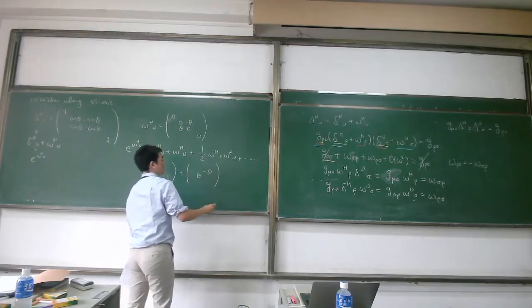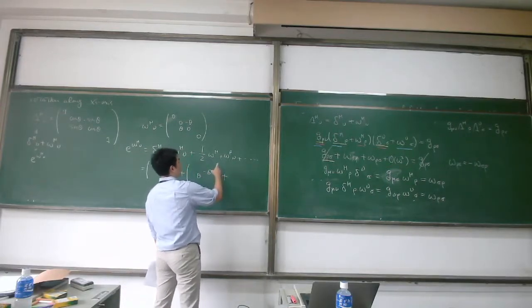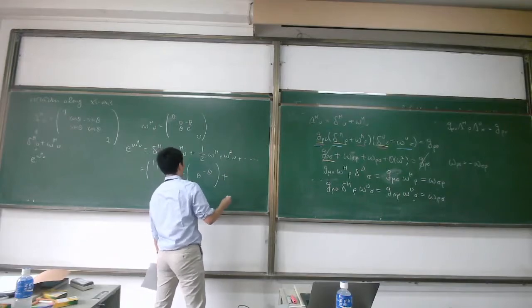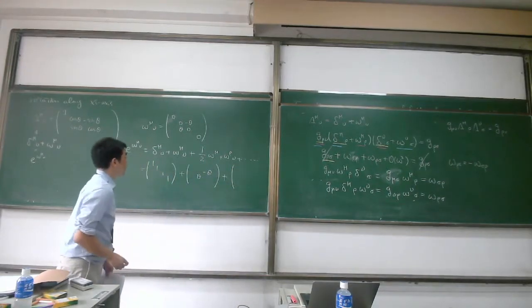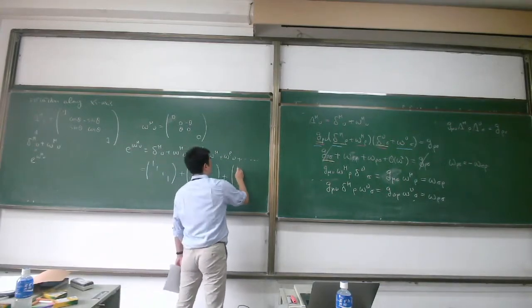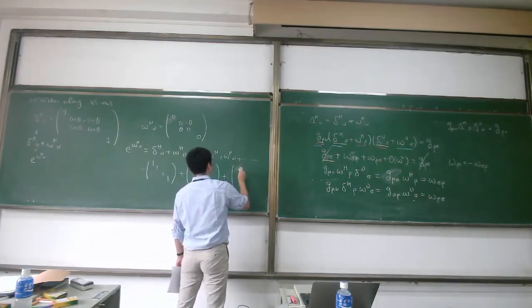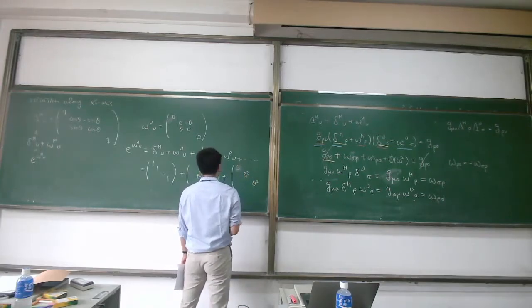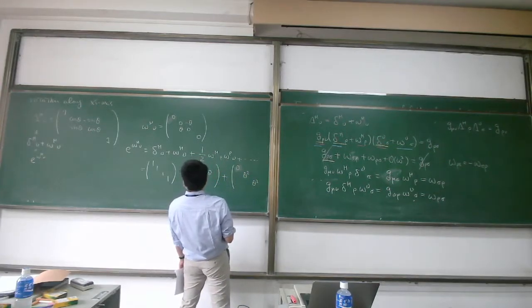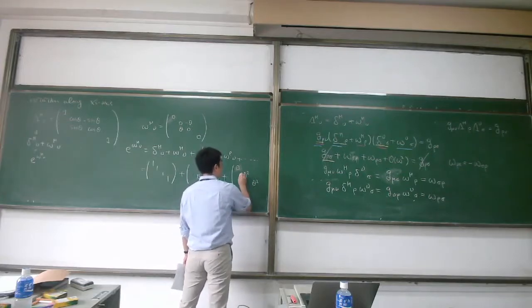And next is this one, and this is equal to 0, 0 and theta. You have to distinguish theta squared. I think I'm probably correct. Minus.